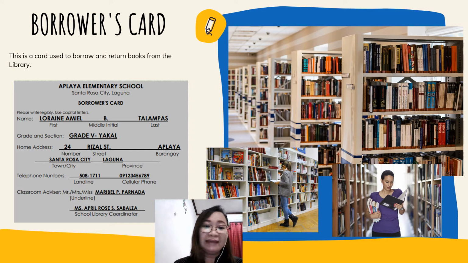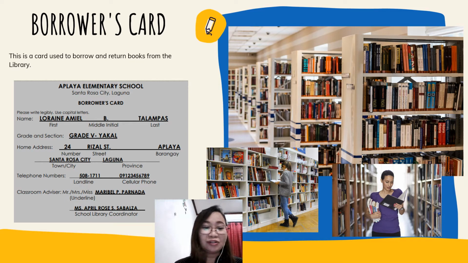You have the name or the first name, middle initial or the first letter of your middle name, and your last name or your surname. Next, we have the grade and section. Then, home address. For home address, it says here the number of your house, the street, the barangay, town or city, and the province.